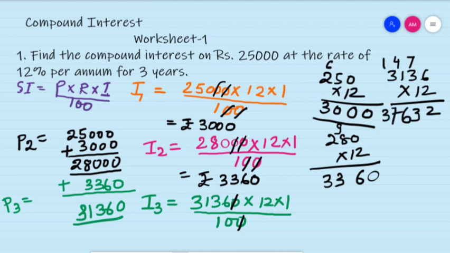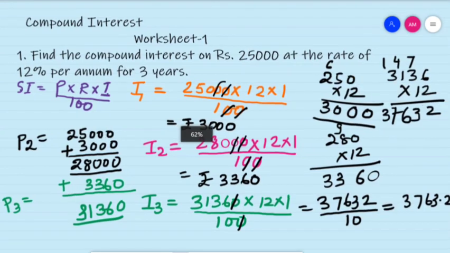So it is 37632. 37632 by 10. So how much is this? This is 3763.2. So after the third year, he is getting interest as 3763.2.